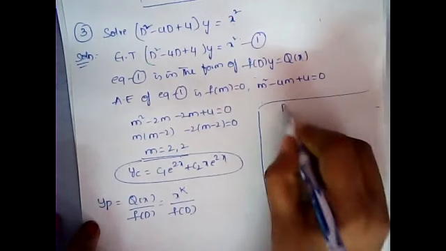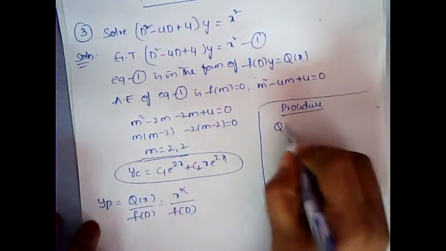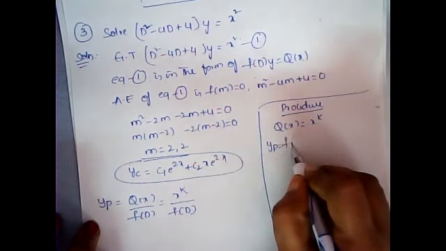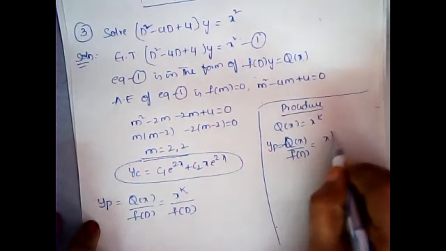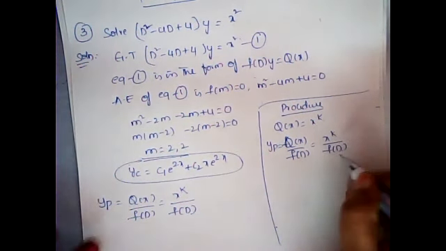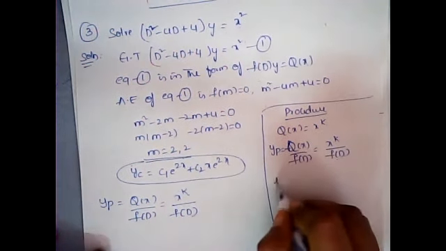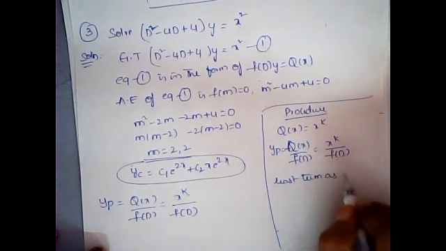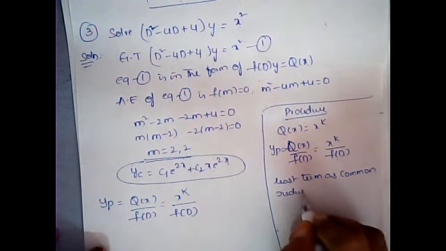So how are we going to find yp when q of x is in the form of x power k? yp will be taken as x power k by f of D. What we are going to do here is, in f of D, whatever the least term is there, we will take the least term as common.